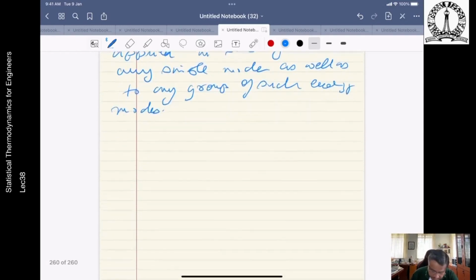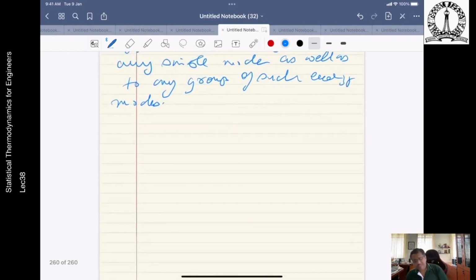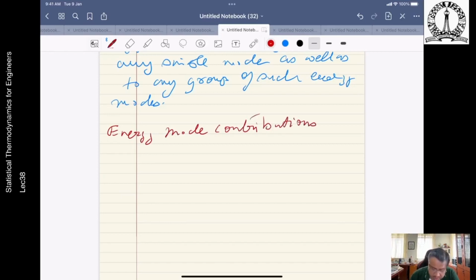Now the stage is set: we know how to calculate the probabilities and the properties, because properties always depend on the partition function, more specifically on the natural logarithm of the partition function. So now we come to the chapter on energy mode contributions in classical mechanics.